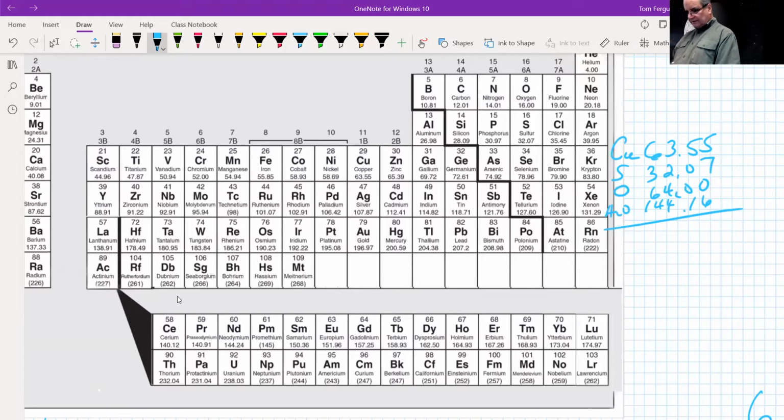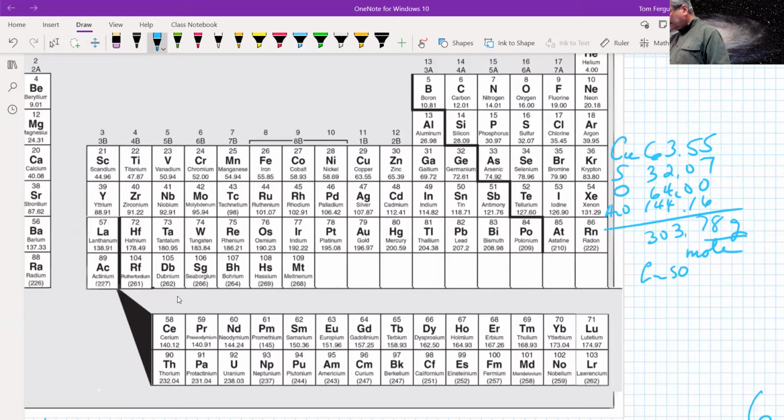Now we're going to add all those up. Okay, so cupric sulfate hydrate is 303.78 grams per mole.